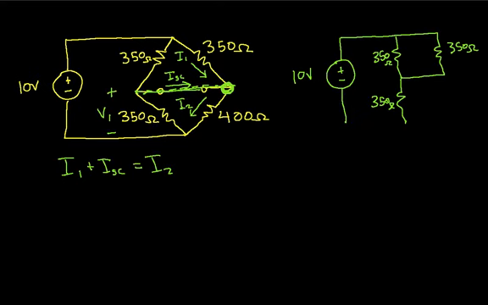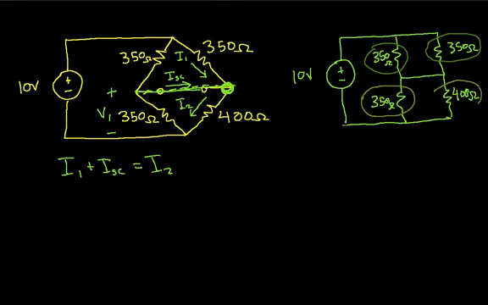Then 350 ohms, 400 ohms, and these guys are connected. What I'm going to do is take this resistor and this resistor, put them in parallel, and get an equivalent resistance. I'll then take this resistor and this resistor, put those in parallel, and get an equivalent resistance. And from that I'll have a voltage divider, which gives me V1.